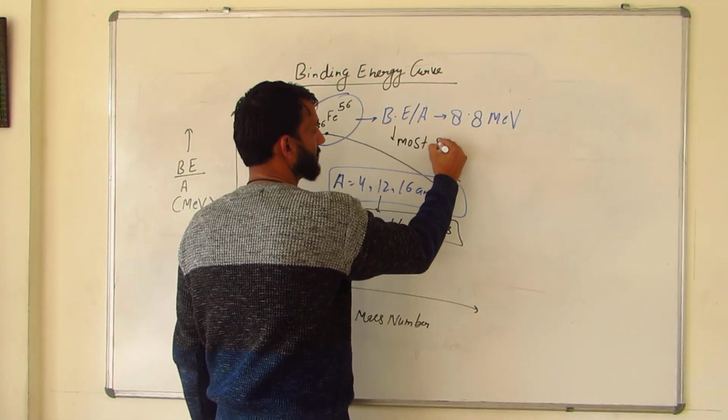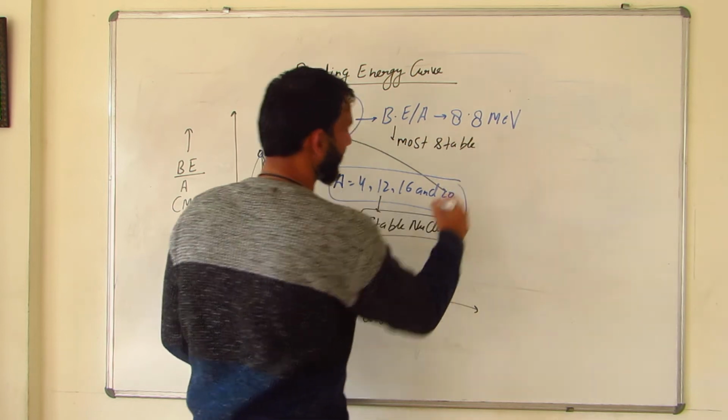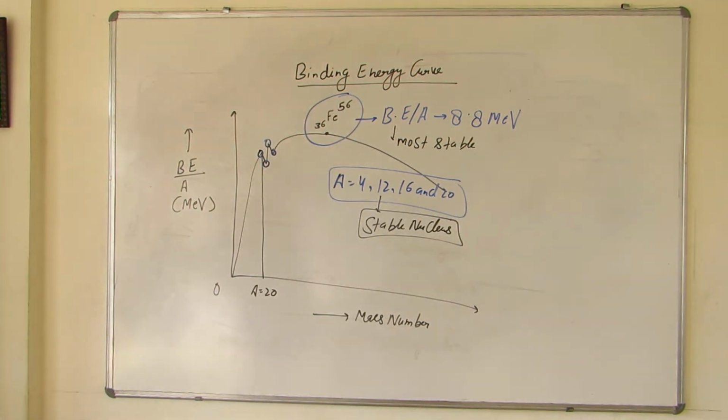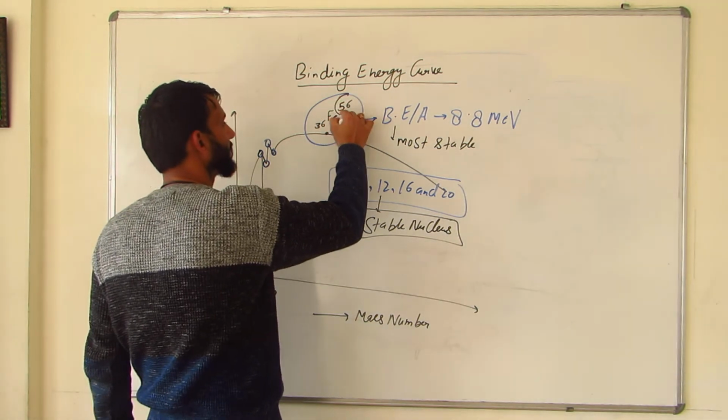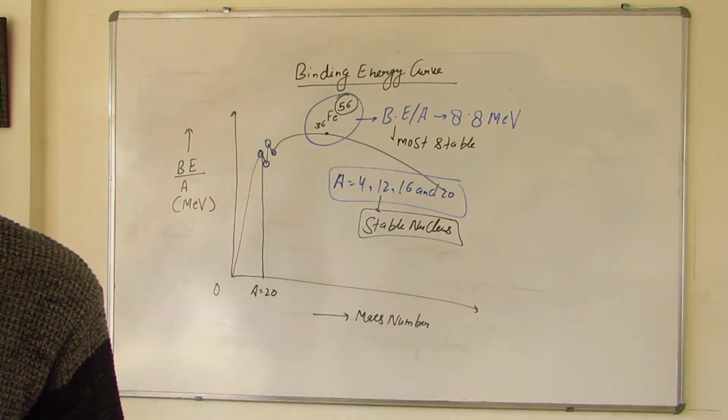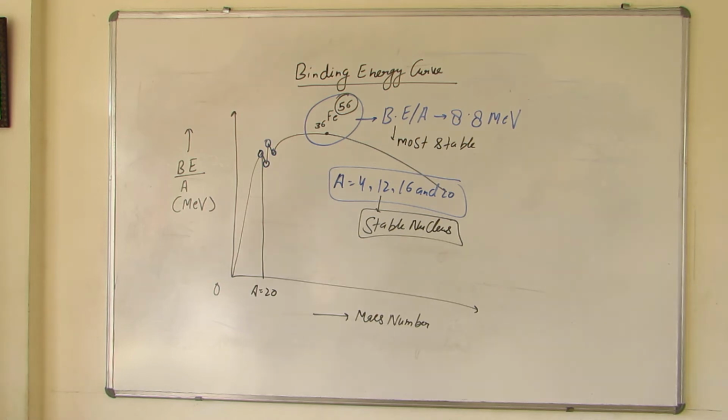In order to break it, we have to provide 8.8 million electron volts to each and every nucleon, and since the total number of nucleons is 56, we have to provide a lot of energy, that is 56 times 8.8 MeV.